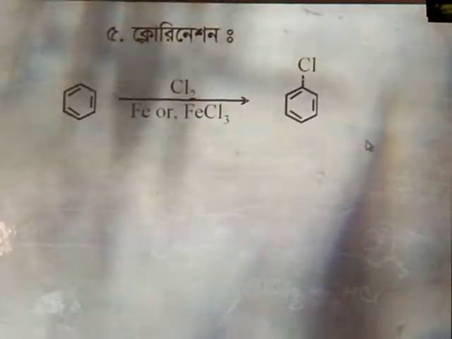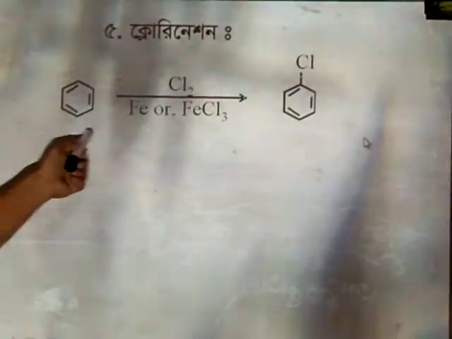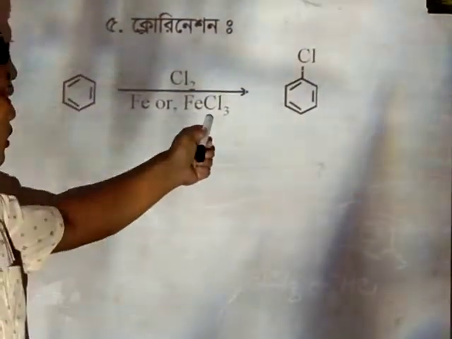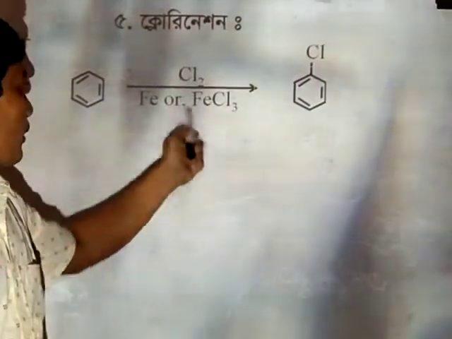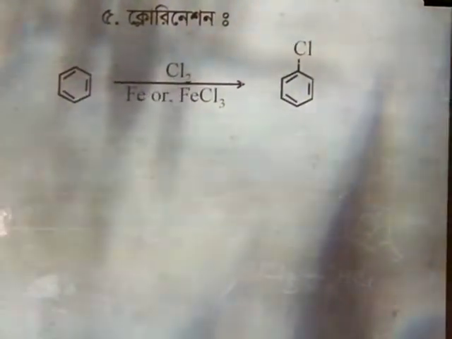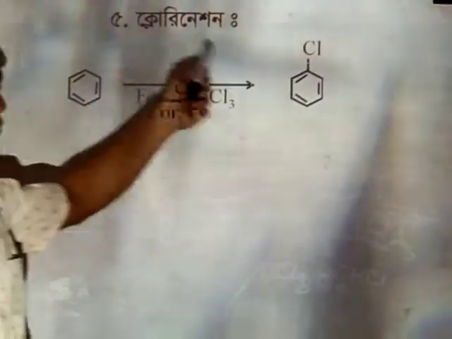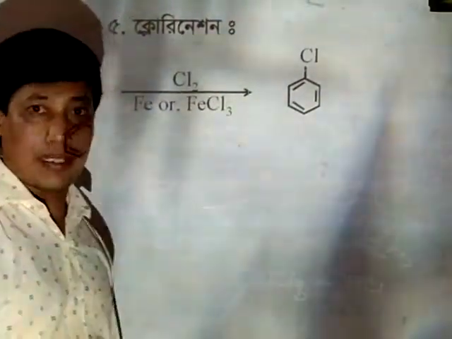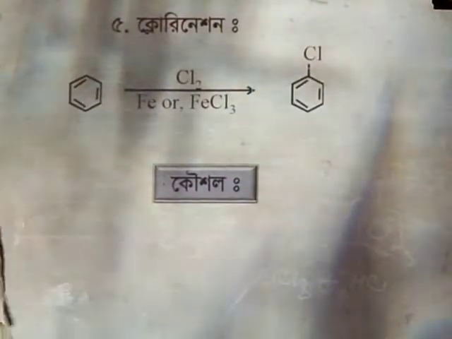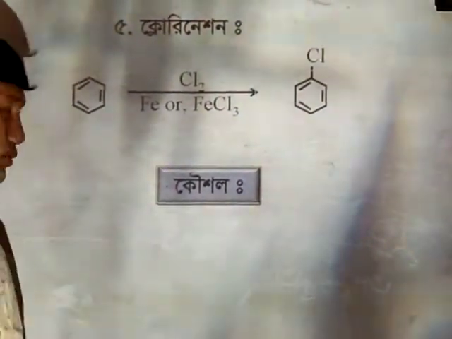And the last is the halogenation reaction, in which benzene reacts with chlorine in presence of iron chloride, which is known as a halogen carrier, and in presence of this halogen carrier, chlorine will react with benzene and produce chlorobenzene. So dear student, this mechanism is also homework for you.